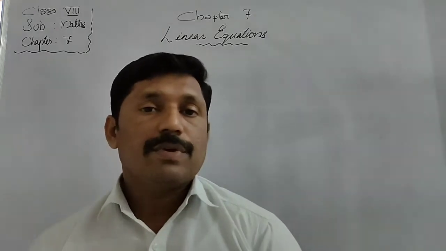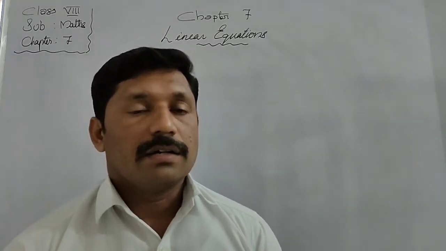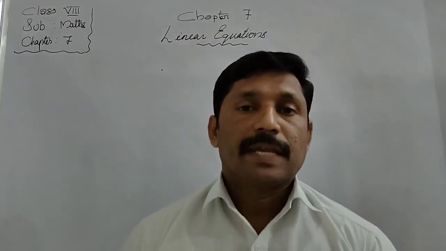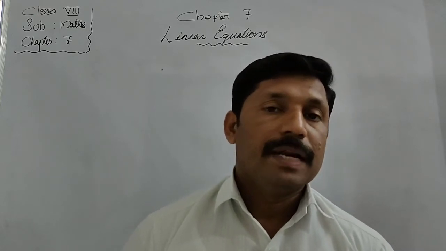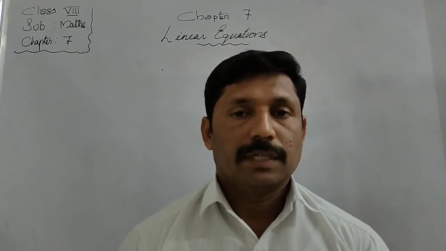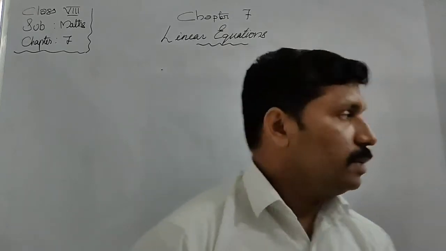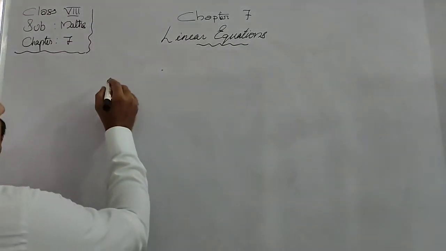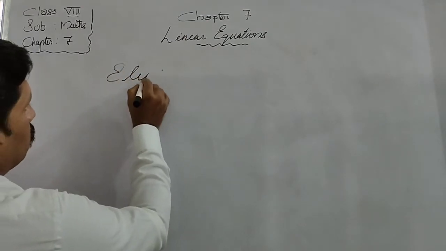And this year we are going to study three different methods: the elimination method, the transposition method and also the cross multiplication method. First of all, what is elimination method?